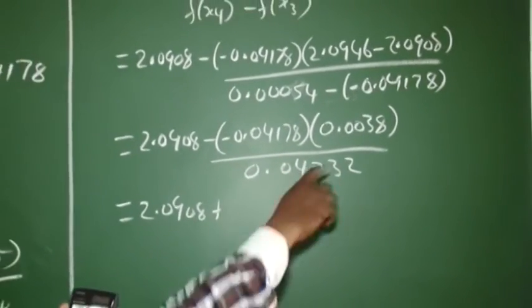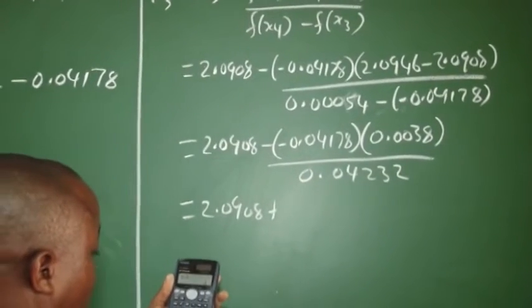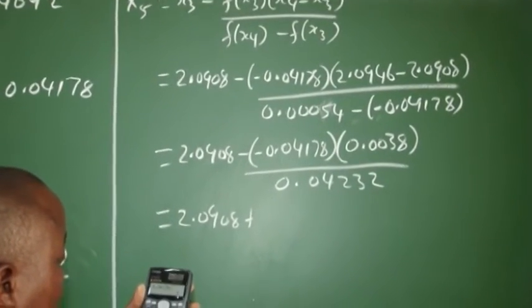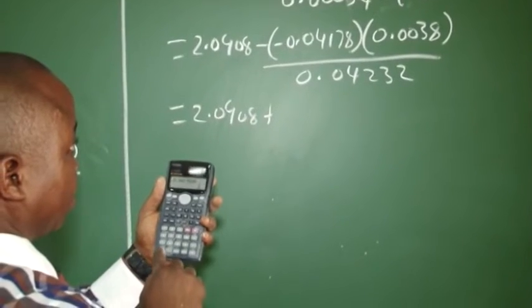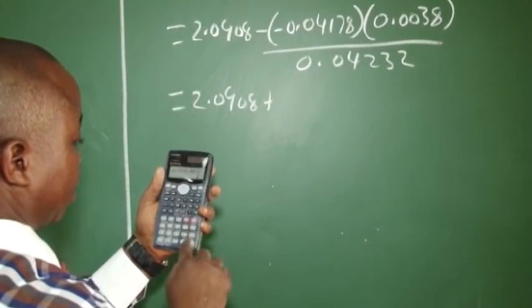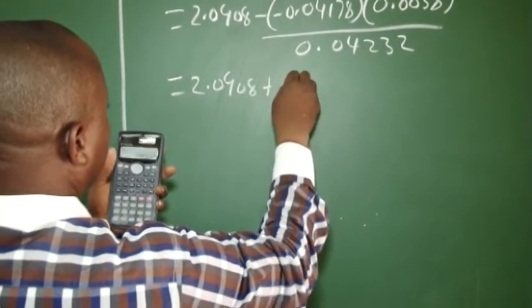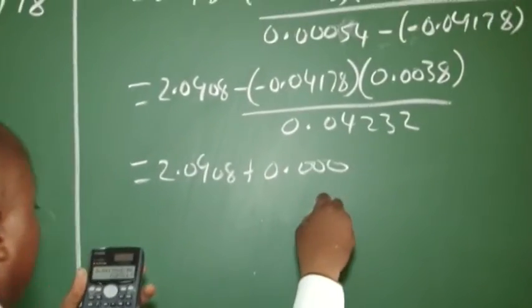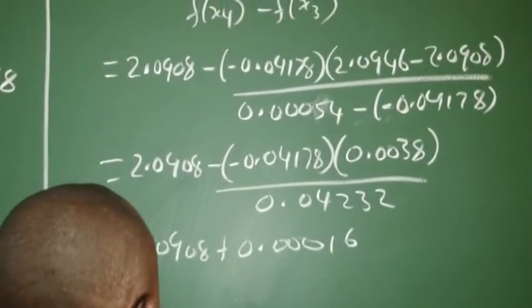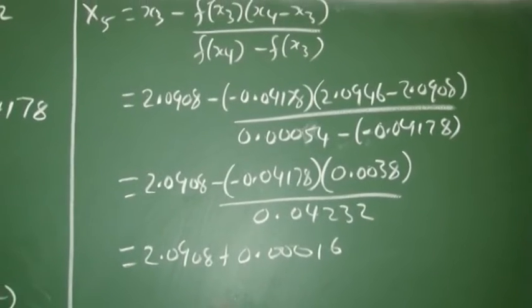Okay, so let's compute this way. 0.04178 times 0.0038 gives us 0.00016 approximately.